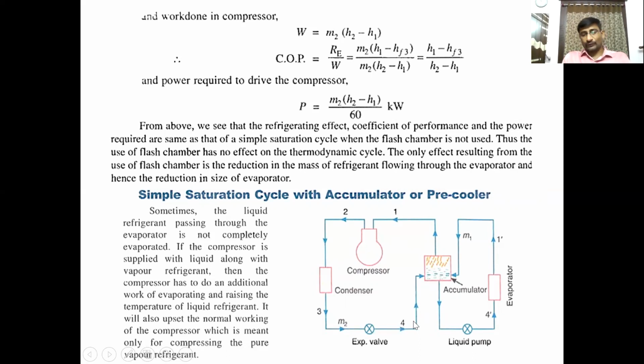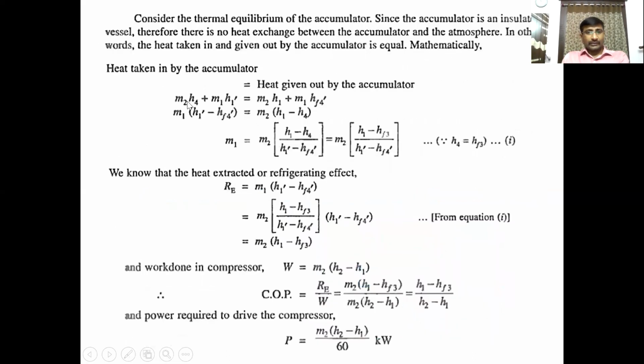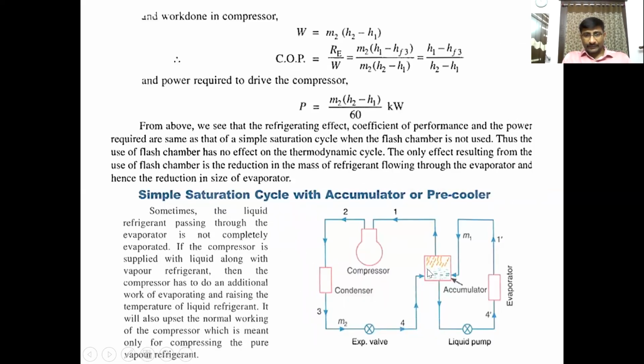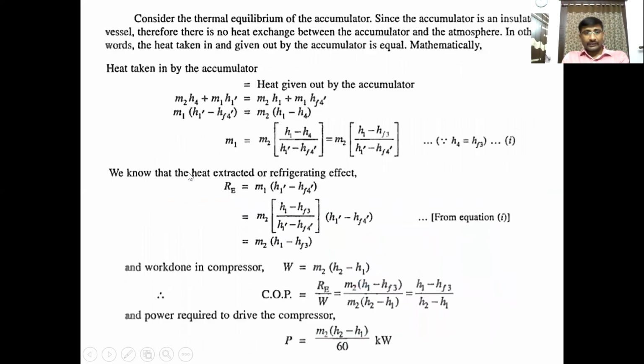So M2 into H4, plus the other input to the accumulator, M1 into H1 dash. The summation of these two is called the heat given in to the accumulator. That is how much heat goes into the accumulator. What is the heat coming out of the accumulator?